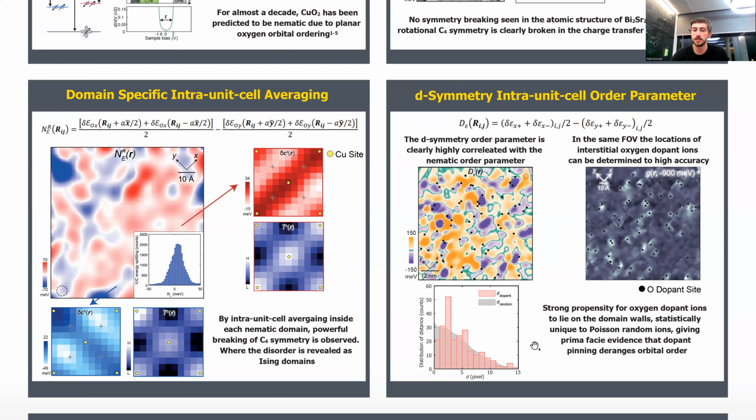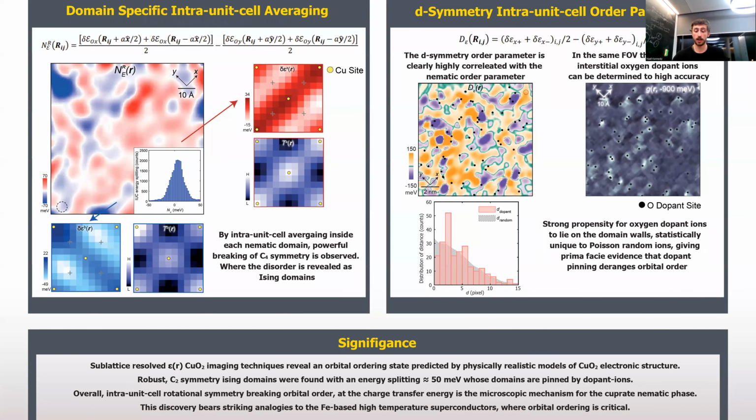And to look at this a bit more statistically, if you thought of the distance of a dopant from these domain walls and visualize them Poisson randomly, you would get the gray curve seen, and then the red curve is the data we've actually produced. So you can see the spike here, that they have a tendency to lie quite close to the domain wall. And this is giving some first level evidence that dopant pinning is what deranges this orbital order.